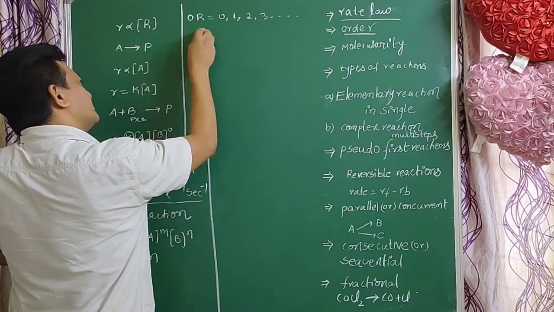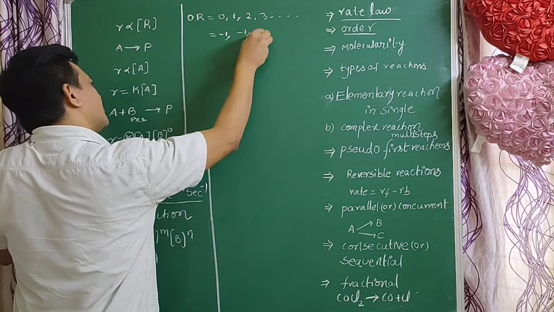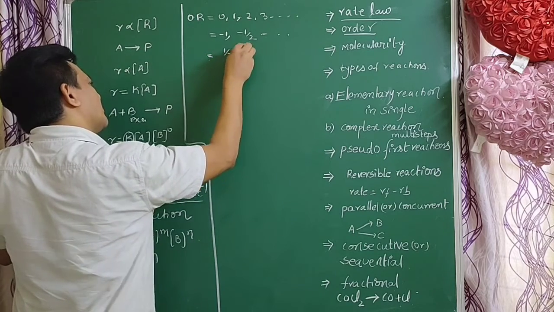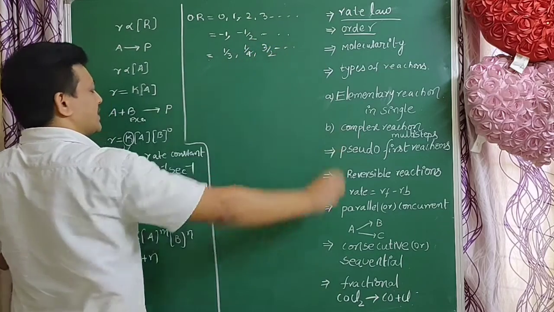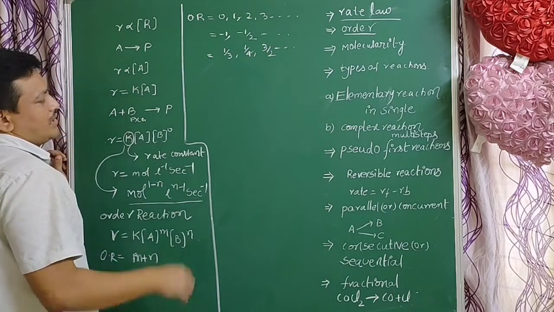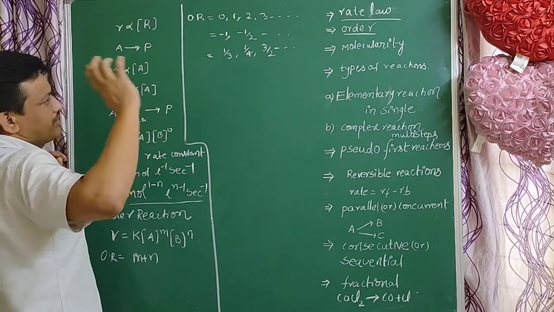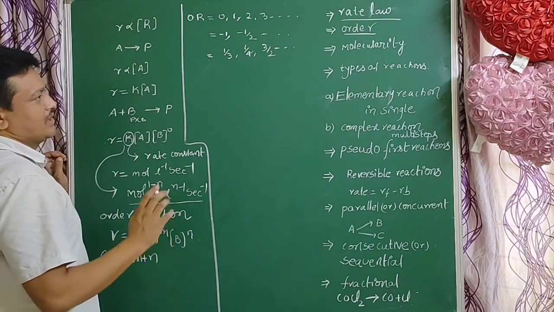Negative values like minus 1/2 also exist, and fractional values like 1/3, 1/4, 3/2 also exist. So order can have all values, and it is obtained experimentally.